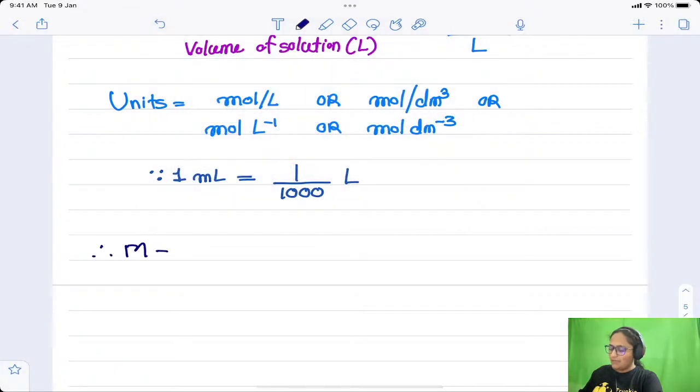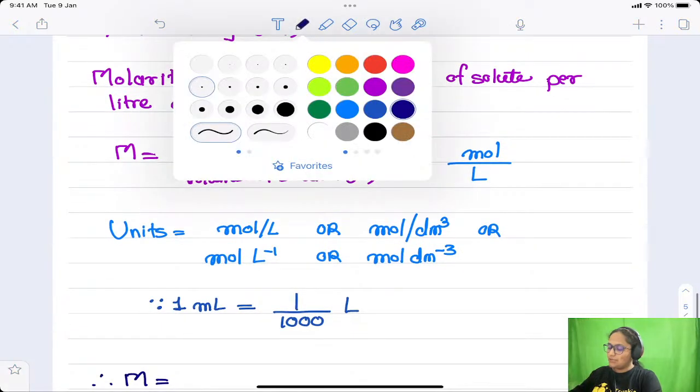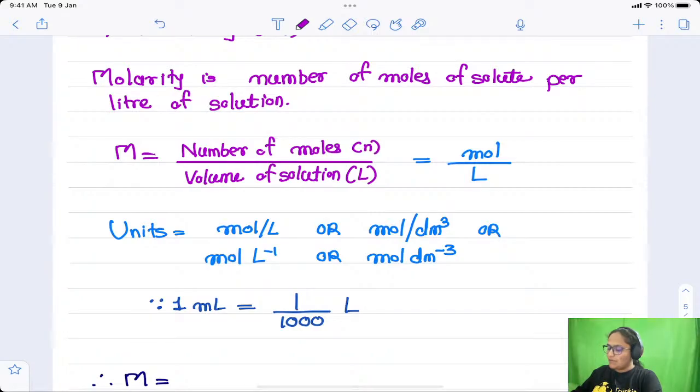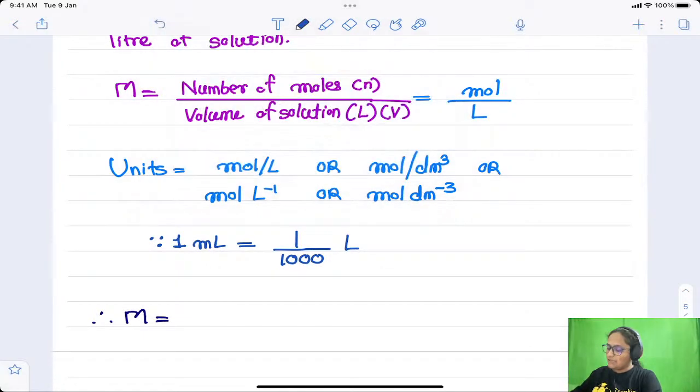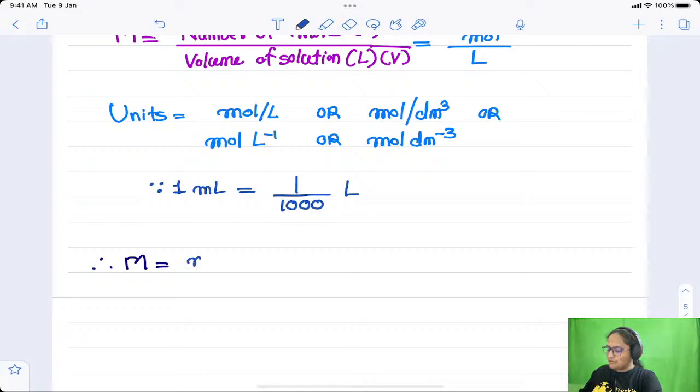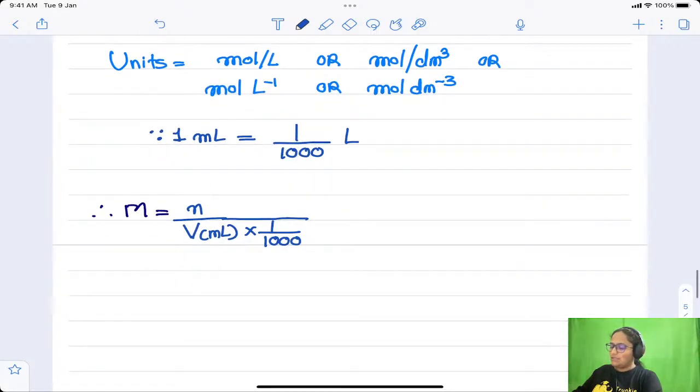Molarity is equal to number of moles of solute, denoted by the symbol small n, divided by volume of the solution, denoted by V. If it is given in milliliter, then we convert to liter by multiplying by 1 divided by 1000, or this 1000 I can take in the numerator. So it will be equal to number of moles of solute divided by volume in milliliter, multiplied by 1000.